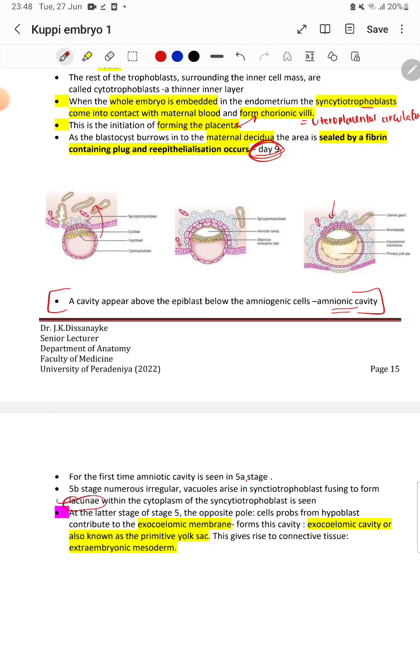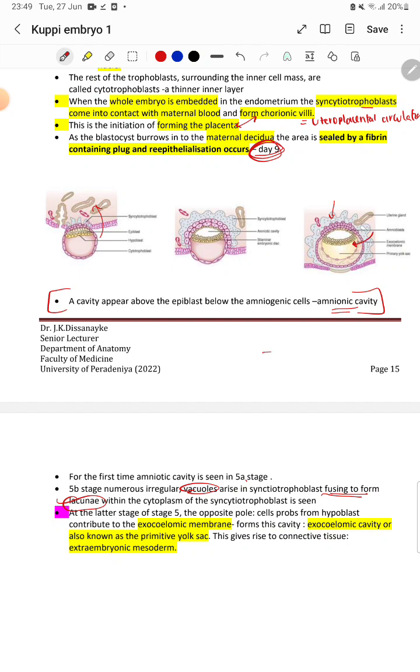So lacunae from vacuoles, they fuse to form lacunae within the cytoplasm of the syncytial trophoblast. And then, specifically at this end here, within this area you have hypoblasts.